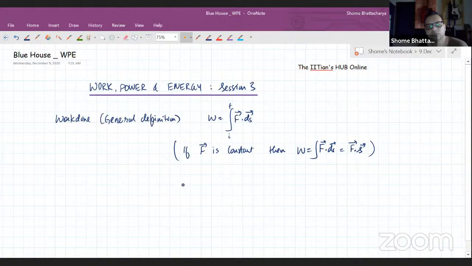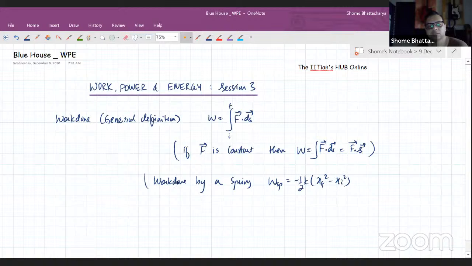We saw work done by spring force as minus half k into final position square minus initial position square. It's another special case of work done that we saw.